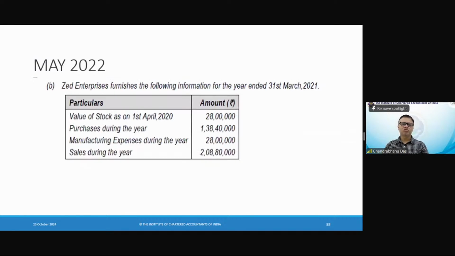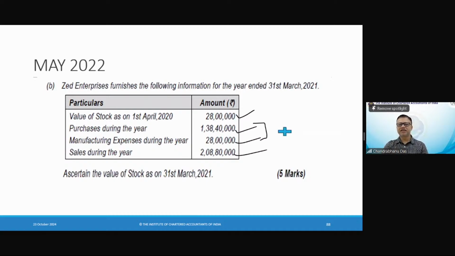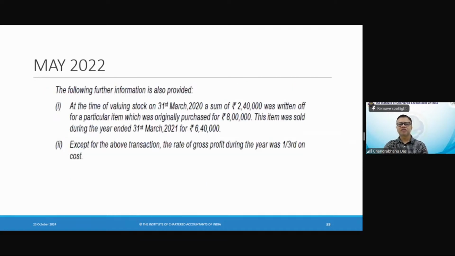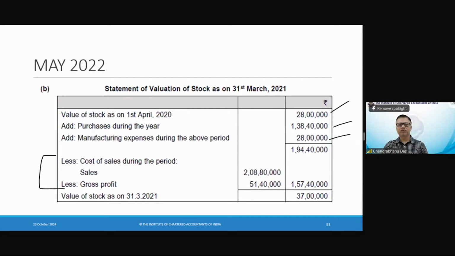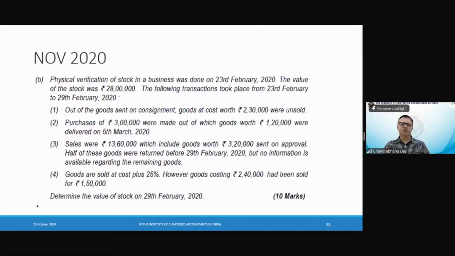In May 2022, when the question was asked, everything is given simply, the data to find the closing stock. But what happened is this write-off of issue is given, the item was sold, and you calculate the gross profit accordingly. So this is how, in May 2022, you can see adding purchases expenses and subtracting cost of goods sold.